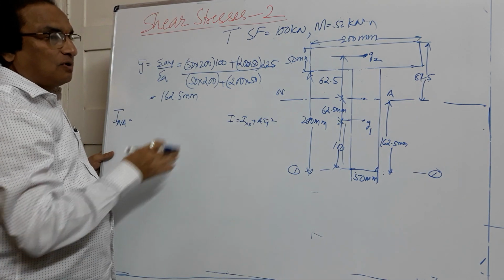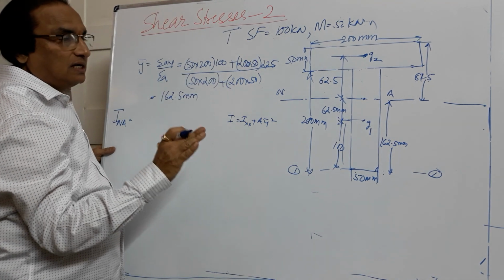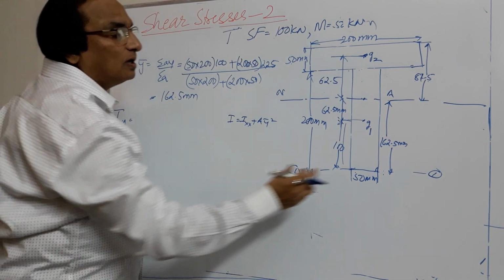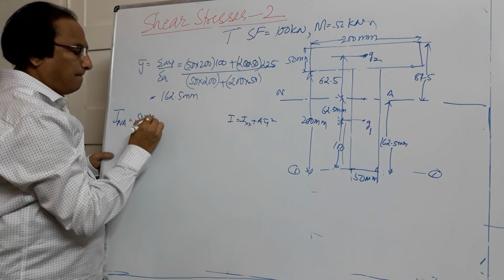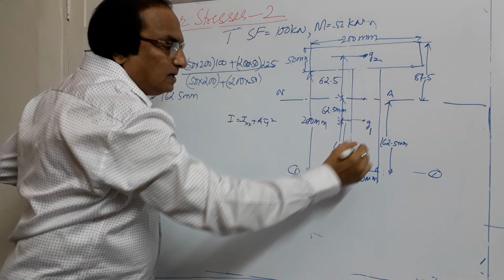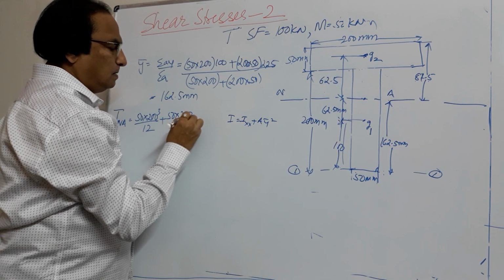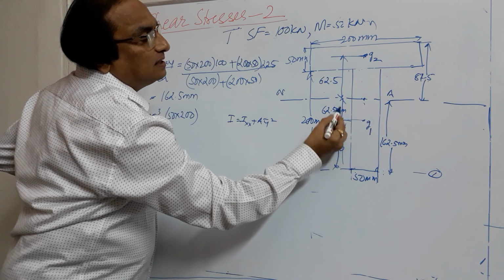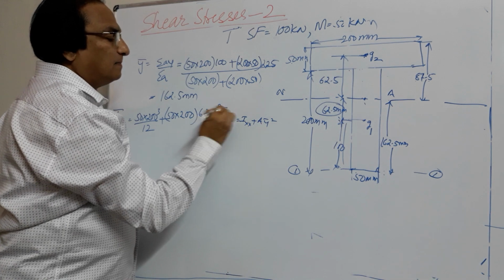We are using this equation because the centroid of the component and centroid of the neutral axis are not coinciding. So let us begin with this G1. So moment of inertia of rectangle is B d cube by 12, 50 into 200 cube by 12 plus A y bar square. What is the area of G1? 50 by 200 into distance of the centroid of the component from neutral axis. This distance is 62.5. Don't forget to square it.